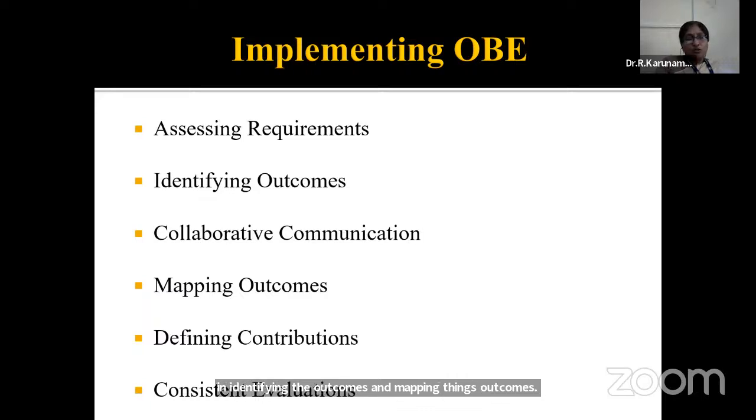Once the exit outcomes have been clearly defined, we should find a connection between the main outcome and short-term goals.